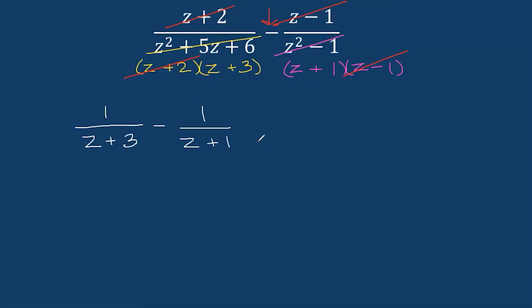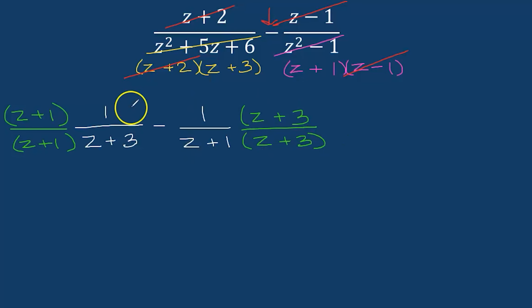Now, just like the last example, these do not share a z plus 1, and they don't share a z plus 3. So you have to give them whatever they are missing. So on this side, it needs a z plus 1, and this side needs a z plus 3. But I can only do that if I'm multiplying times 1. So I have to put these in the numerator as well.